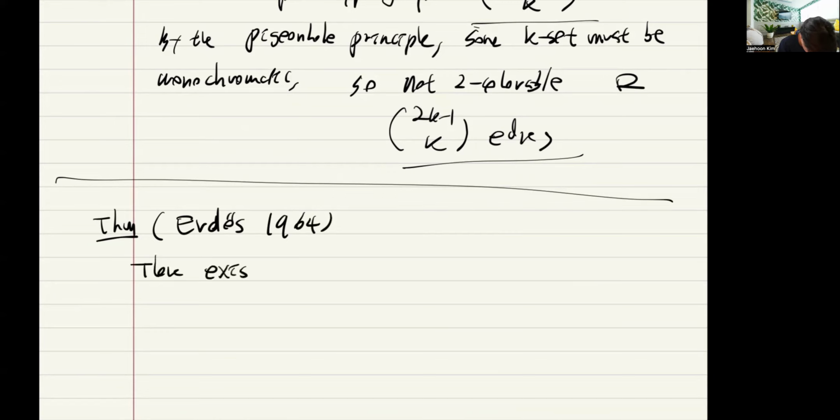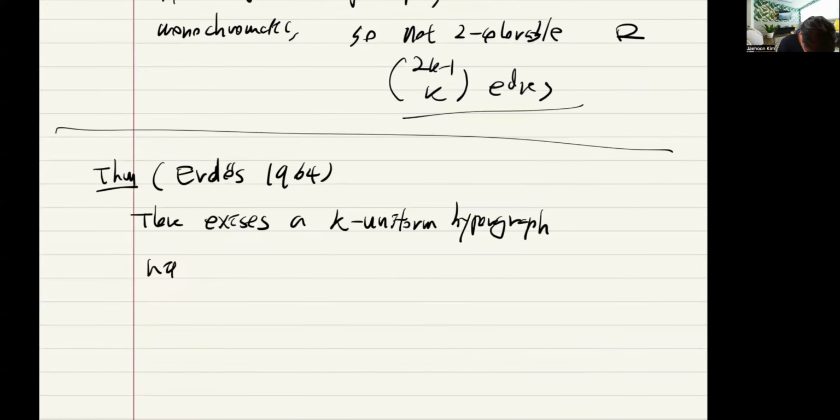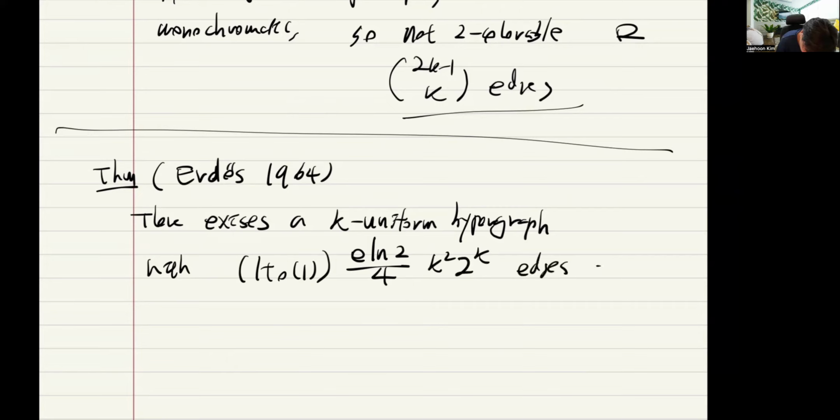So there exists a k-uniform hypergraph with (1 plus o(1)) e log 2 over 4 times k squared times 2 to the k edges that is not two-colorable.